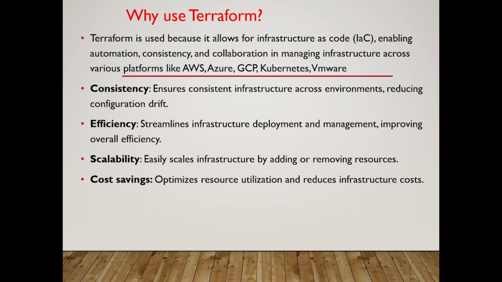At that time, using scalability, we can automatically add instances, and if there is less usage, we can decrease the number of instances. It easily scales infrastructure by adding or removing resources.